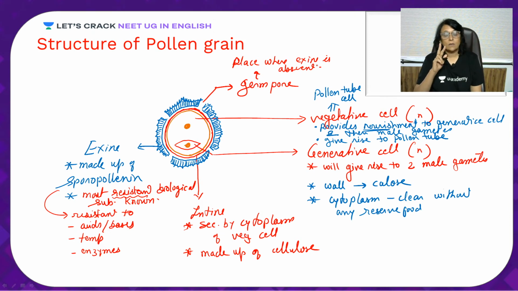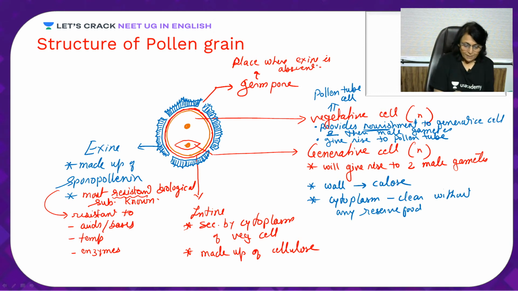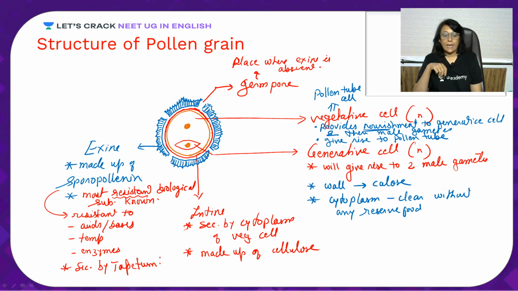Two cells, vegetative, larger, and generative, smaller cell. Intine, the inner layer which is secreted by the cell itself, and exine, made up of sporopollenin, which is secreted by tapetum. And it is immature because there is no male gamete.